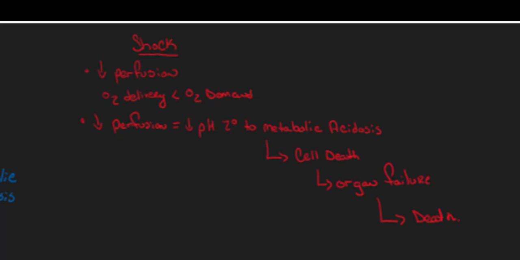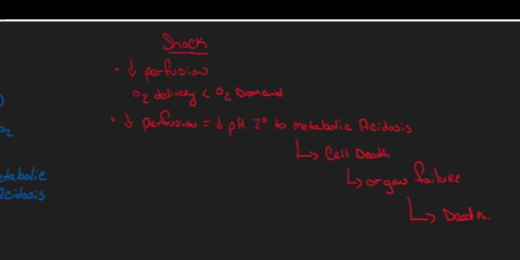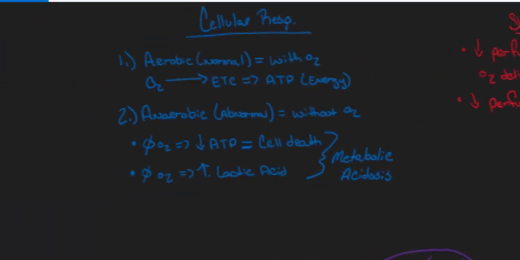Now, to better understand that, we kind of have to understand cellular respiration and cellular metabolism. We know that there's 2 forms of cellular respiration that we talk about. You have aerobic and anaerobic. Aerobic, which is known as normal cellular respiration and metabolism, means it is with oxygen. Aerobic, think doing aerobics.